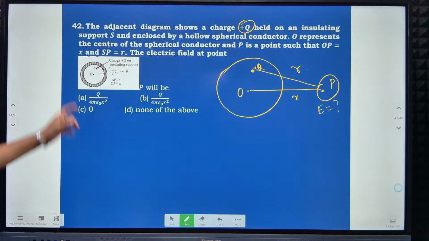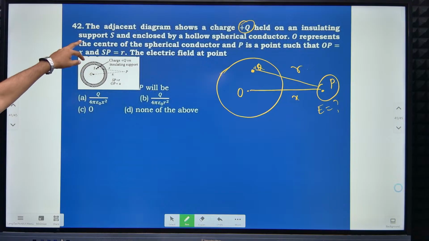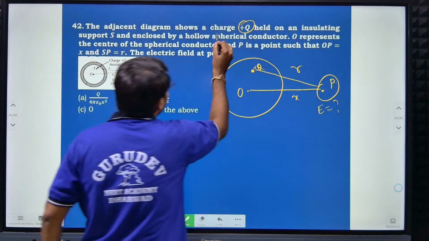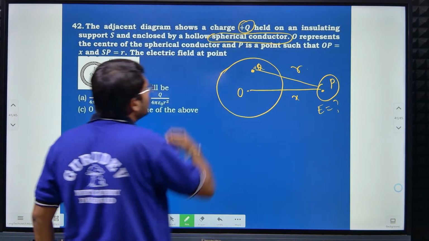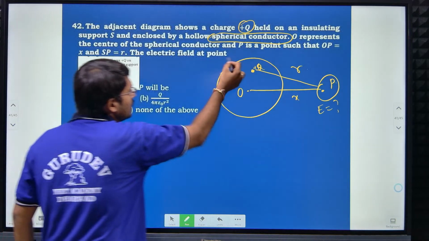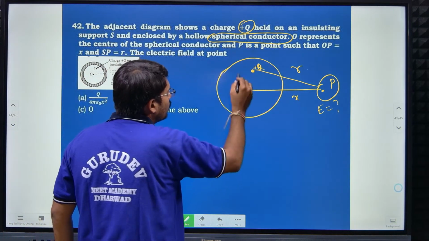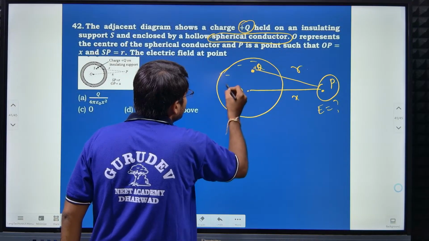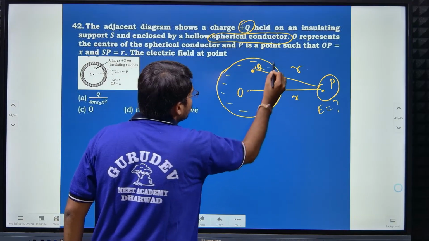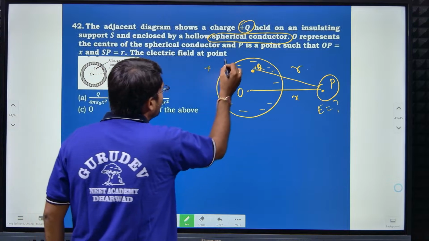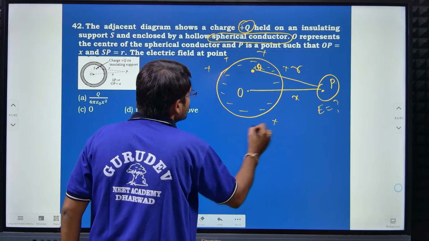Because the charge is placed inside a hollow spherical conductor, what happens? It induces negative charge on the inner surface, and the outer surface has positive charge.